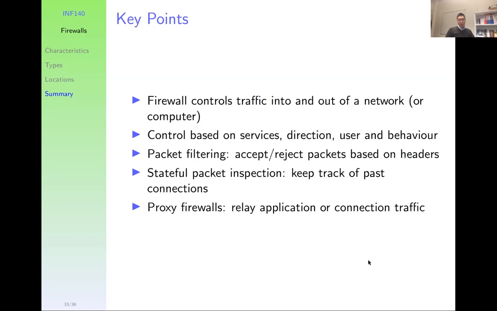And packet filtering, that's very basic. We already recapped it in the beginning. And stateful packet inspection, that's in addition to packet filtering firewall tables, it maintains an extra state information database.